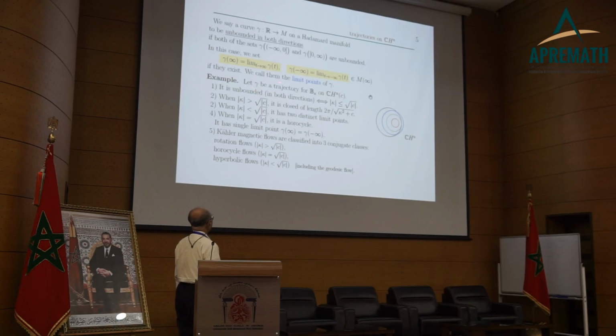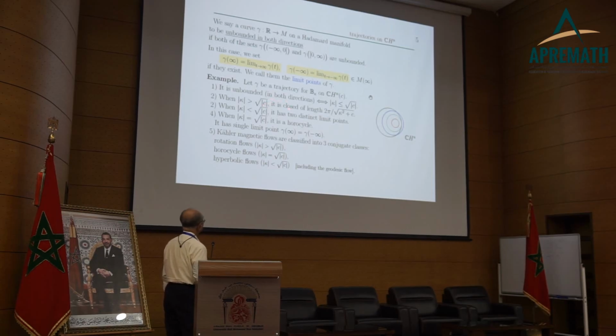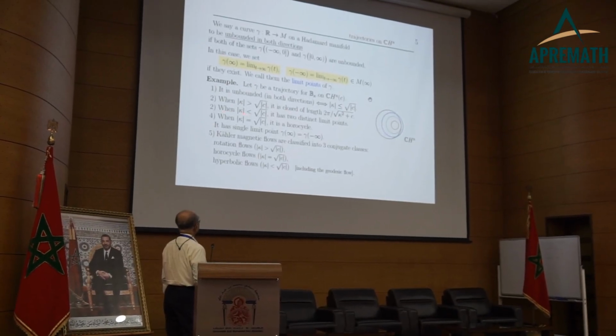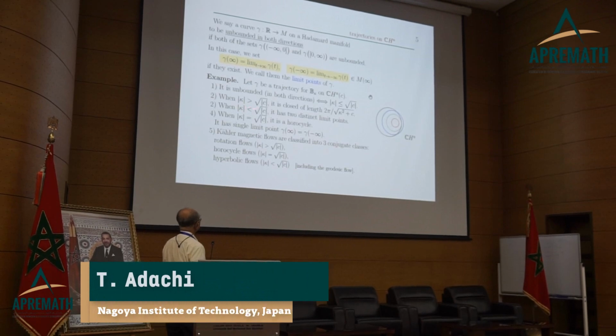Now, we take a trajectory for the Kähler magnetic field B kappa on the complex hyperbolic space. Then, when kappa is greater than the square root of the absolute value of the constant holomorphic sectional curvature, it is bounded, moreover, it is closed. When the absolute value of kappa is less than this value, it has two distinct limit points.